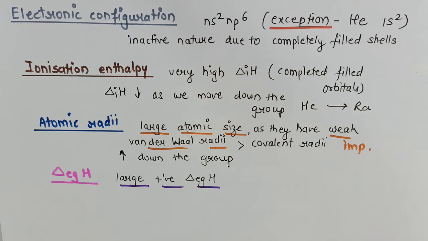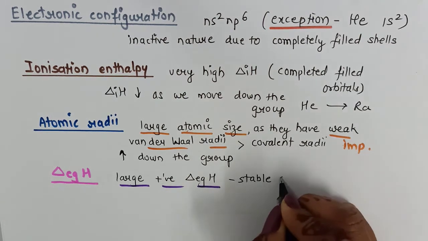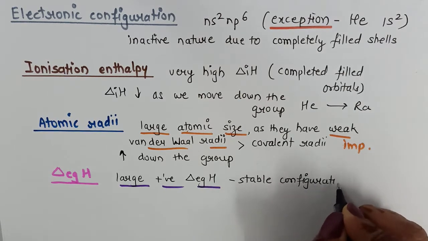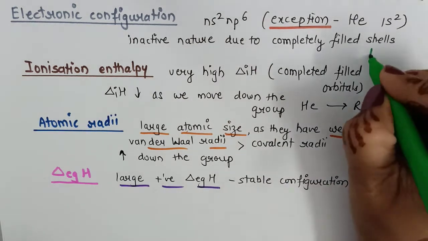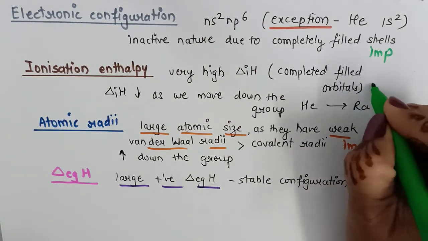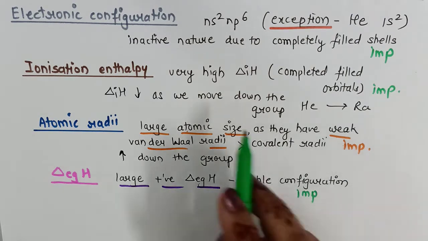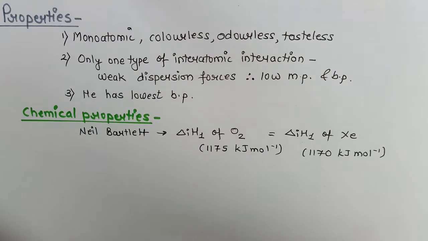But in case of noble gases, electron gain enthalpy is largely positive, and the reason lies obviously in their stable configuration. So on all these topics, we can expect a give reason type of question. And whatever keywords I have written over here, these keywords must be included in your board exams.